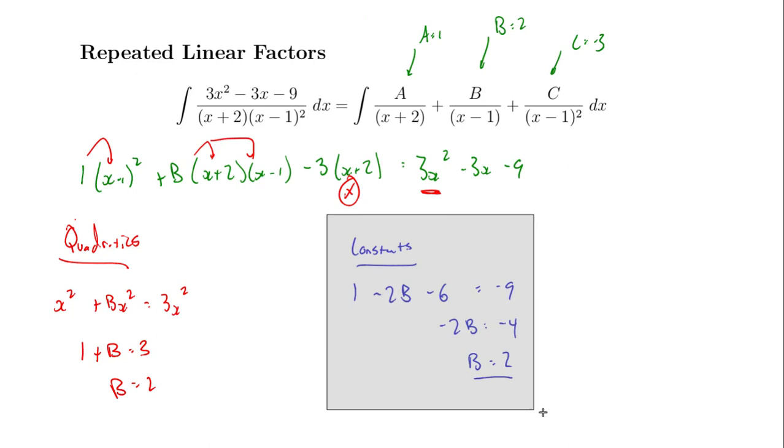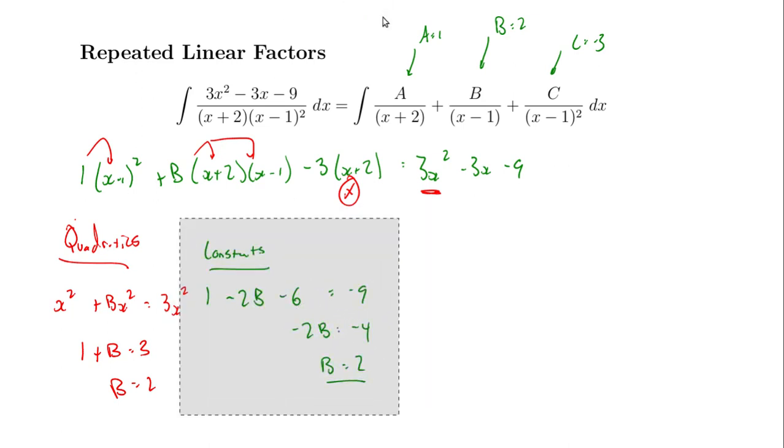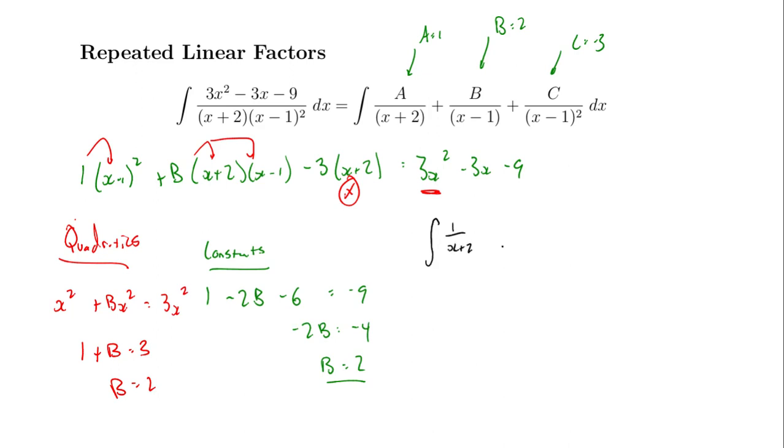All right, so if b is equal to 2, let me move this thing out of the way so I've got a bit more room, then suddenly our integral isn't too bad. It's the integral, I'll do it in black, of 1 over x plus 2 over x minus 1 minus 3 over x minus 1 squared.